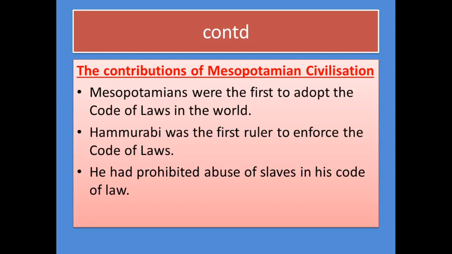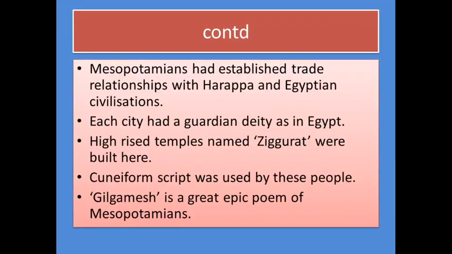He had prohibited abuse of slaves in his code of law. So he had given importance to slaves there, and he kept a code for these people because they were being abused. He prohibited this through his code of law. Mesopotamians had established trade relationships with Harappa and Egyptian civilization.